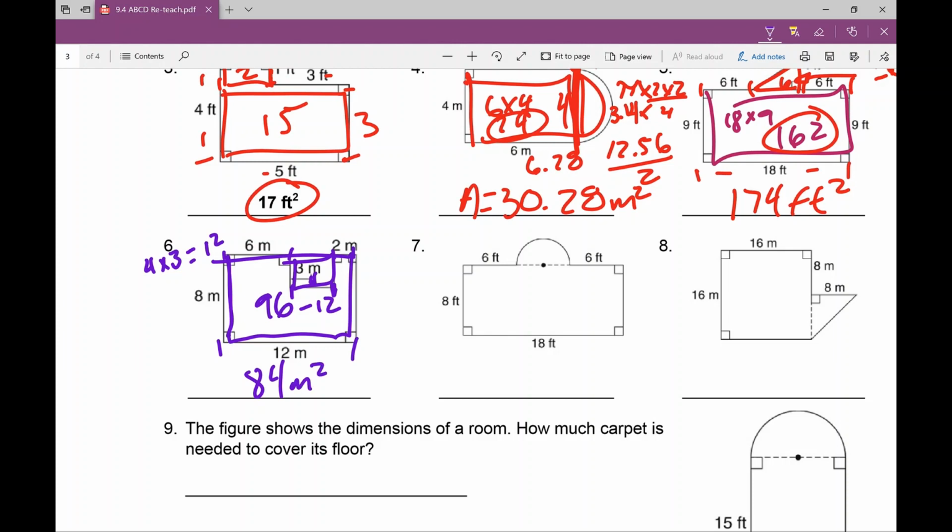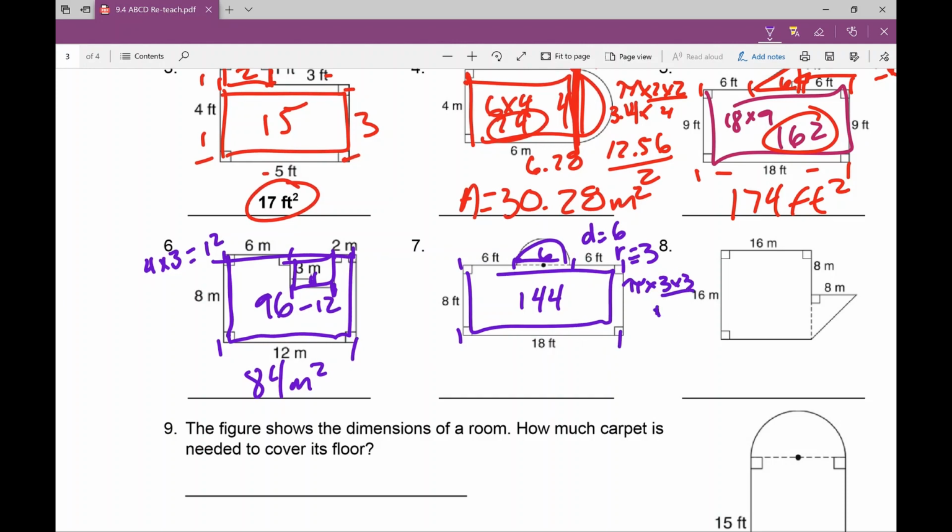Next one looks like a soccer field, kinda. So it's 18 by 8. 18 by 8 gives me 144. And then I have a semicircle, same thing, 18 minus 6, which is 12, minus 6 more is 6. So this is 6. So the diameter is 6. My radius is 3. So pi times 3 times 3.